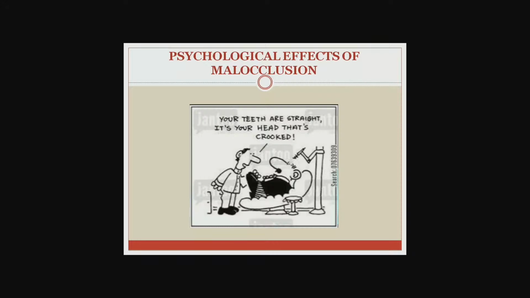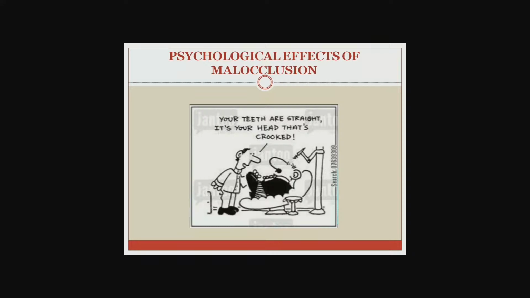Now the next is that I already explained to you: not looking good, losing confidence, not smiling properly, not having proper speech, looking ugly leads to psychosocial trauma in the child. The child loses self-esteem. The child loses confidence in the classroom.